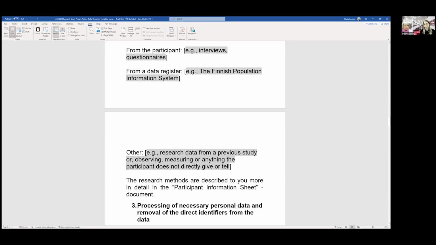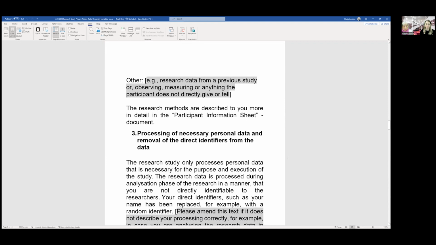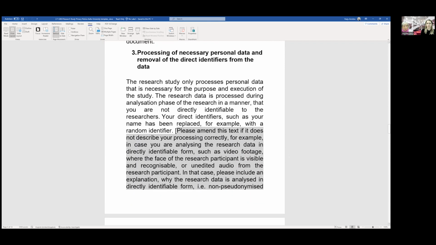So if you're using any tools to measure heartbeat, skin temperature, anything like that, you need to remember to list it in the other category where the data is being collected from. Yeah, that's very important.